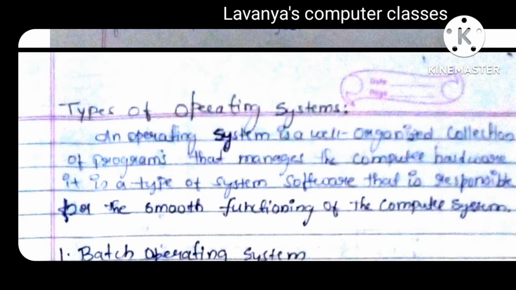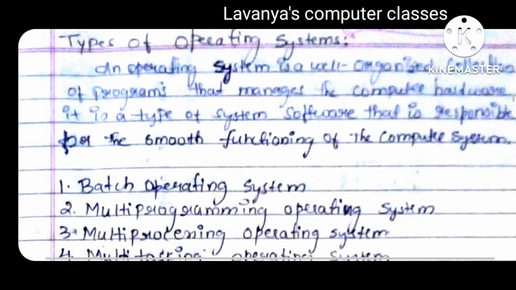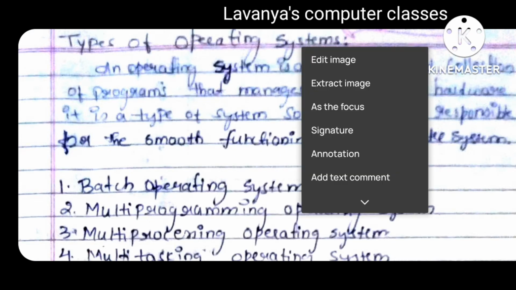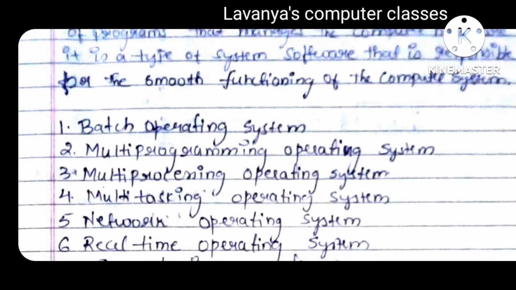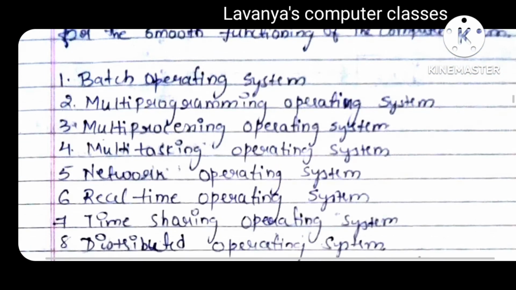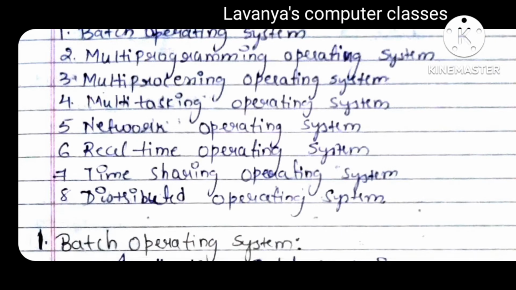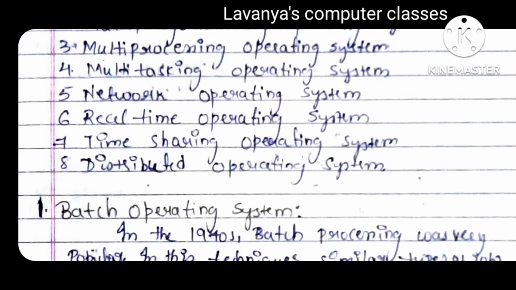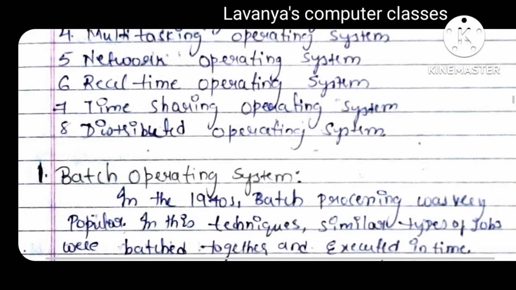Types of operating systems. Batch operating system, multi-programming operating system, multi-processing operating system, multitasking operating system, network operating system, real-time operating system, time sharing, distributed operating systems.